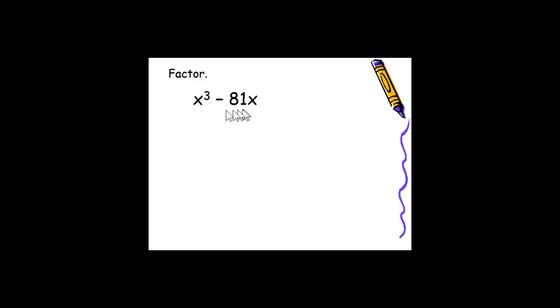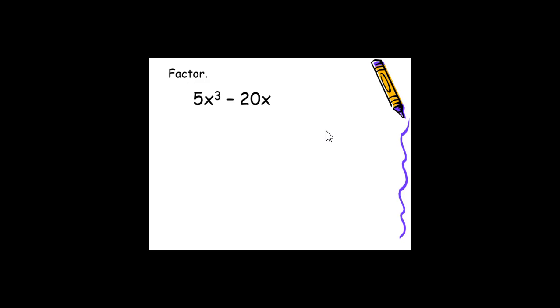We can factor out an x since the first term has 3 x's and the second term has 1x. Now let's check inside the parentheses. Subtraction is still there. First term is a perfect square since the variable has an even exponent. The second term is a perfect square since the square root of 81 is 9, or 9 squared is 81. Therefore, we can factor the difference of squares like so.